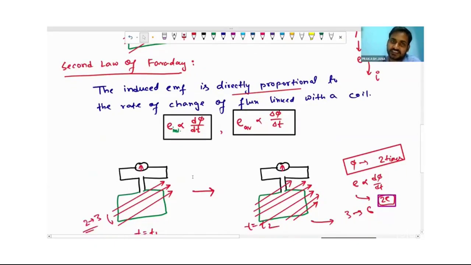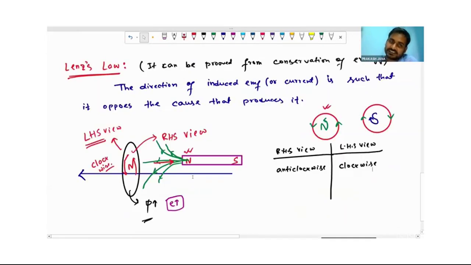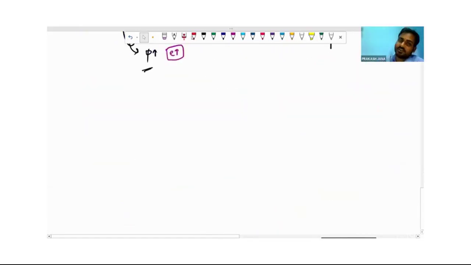That is, the induced EMF is directly proportional to the rate of change of flux associated with it. And Lenz law says about the direction of the induced EMF. That is, it will oppose its cause.